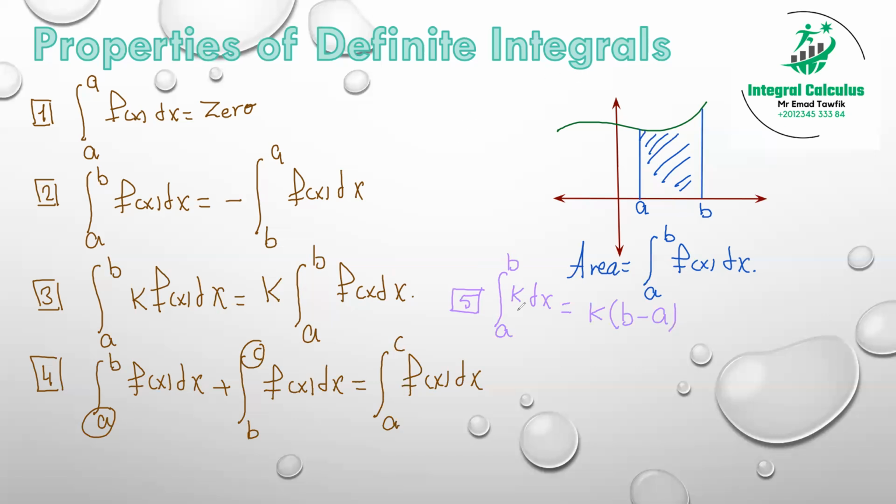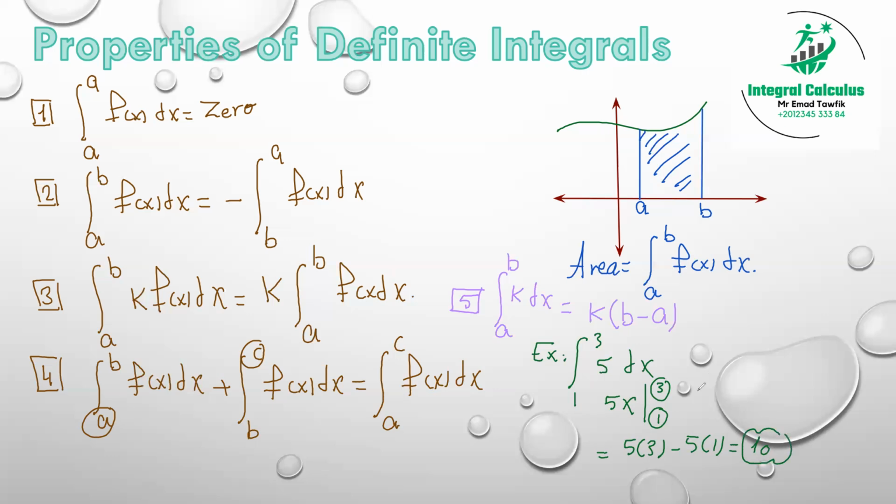Here is an example to understand this. Integrate from 1 to 3 of 5 dx. The integration of 5 is 5x, and then we substitute by 3 minus the substitution by 1, which is 5 multiplied by 3 minus 5 multiplied by 1, which is 15 minus 5, which is 10.